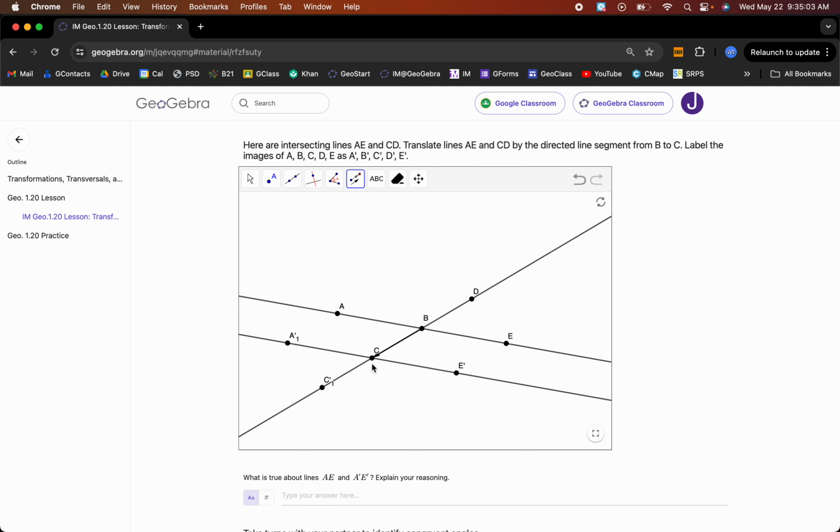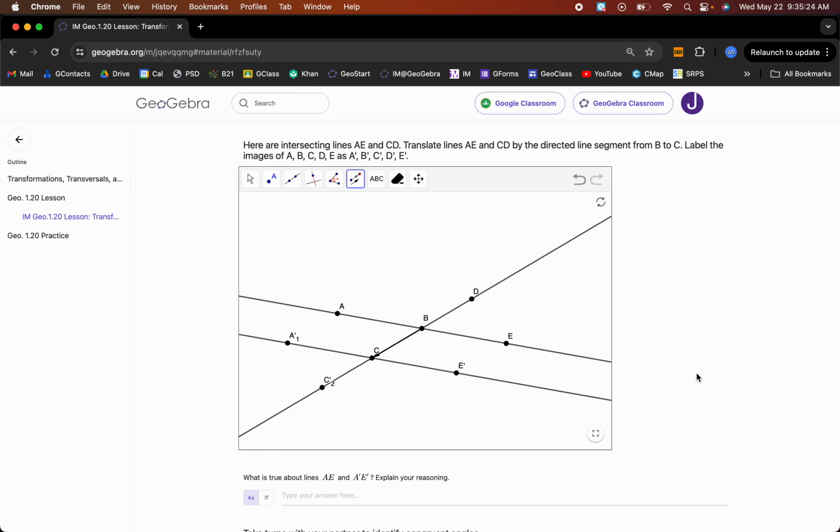Ends up right there, right? Because it shifted down. And of course, B prime would be right here. Well, B prime would end up here.